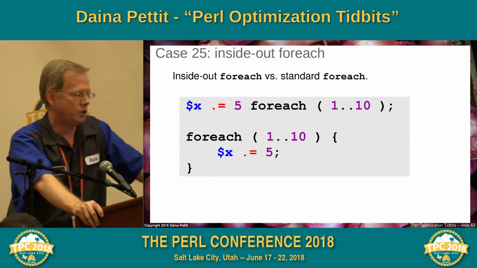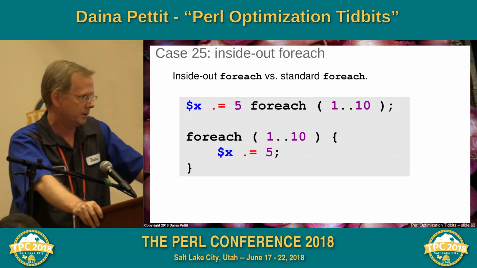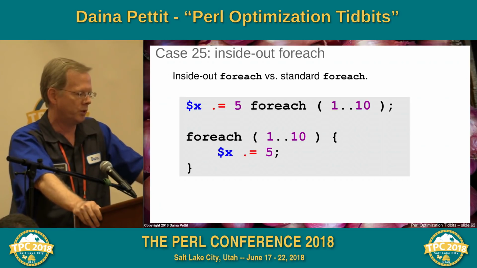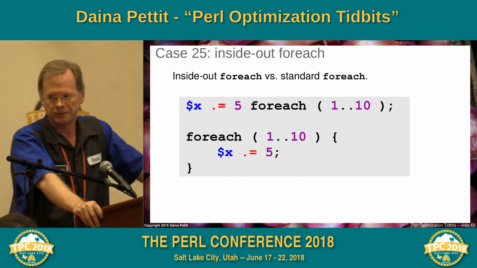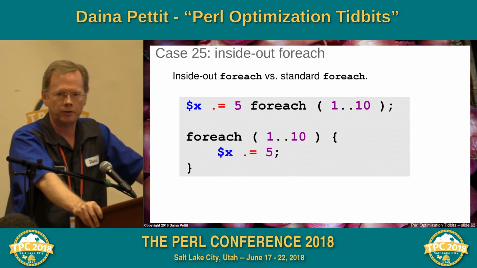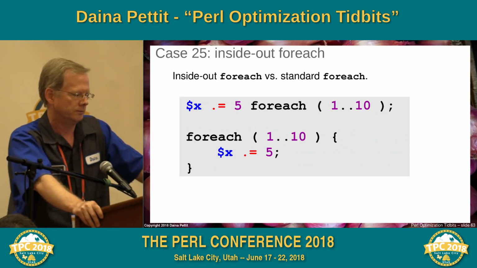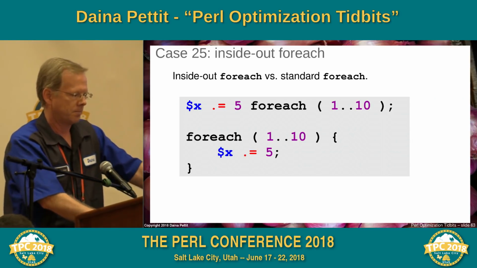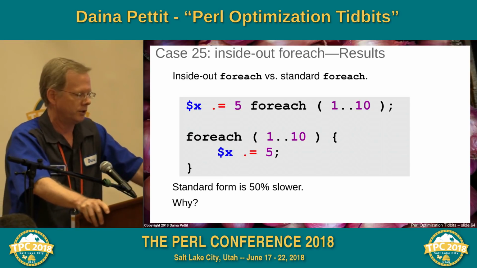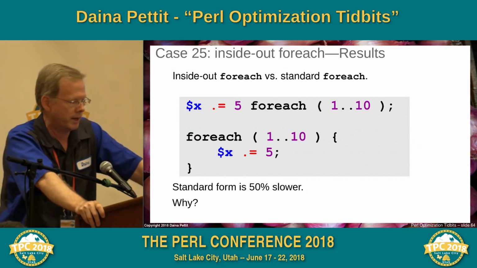Occasionally you'll run into somebody who uses what I call an inside-out foreach, where there's a single statement that's terminated with a foreach. It's essentially the same thing as a regular foreach, but it's got the single statement on the outside. The difference, it turns out, is that the standard form with the code block, the 3-line form that we have here, is 50% slower.